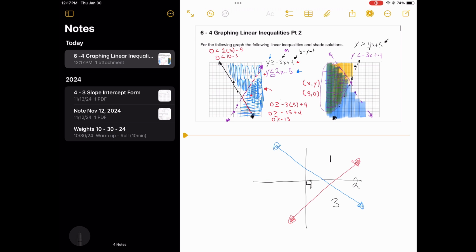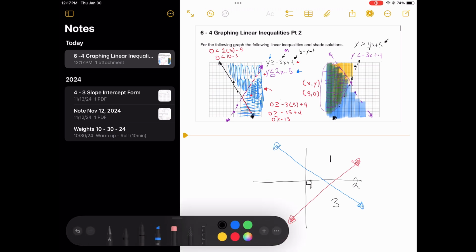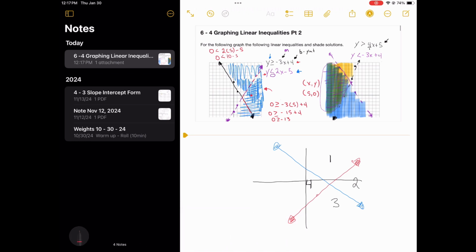So again, just get these graphed, and ask a friend if you need help with the shading. That's the only part the last class had a problem with. Hopefully I described that shading a little bit better. Remember, if it's greater than the red line, you just pick a point on the red line and you go up.